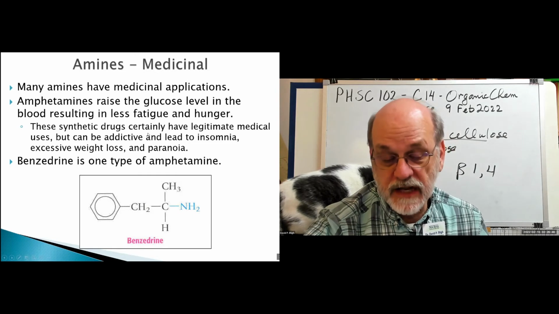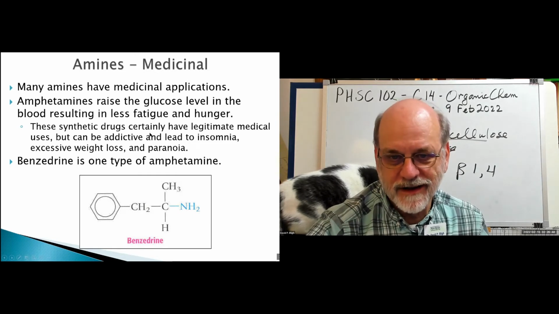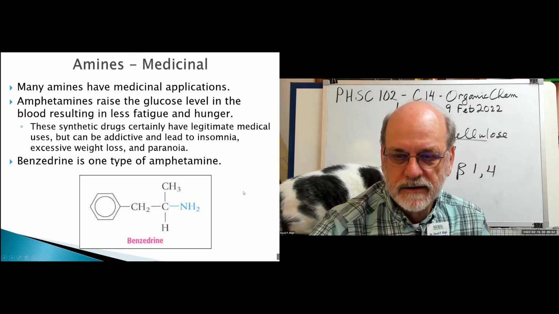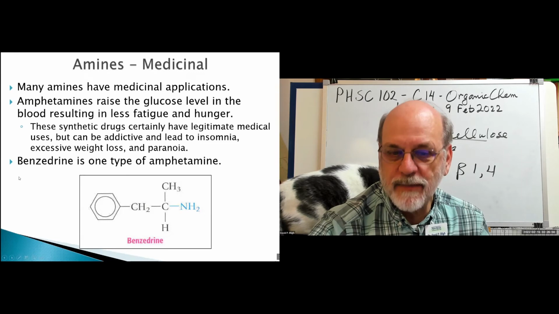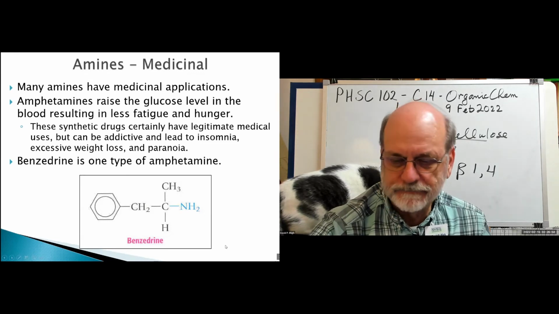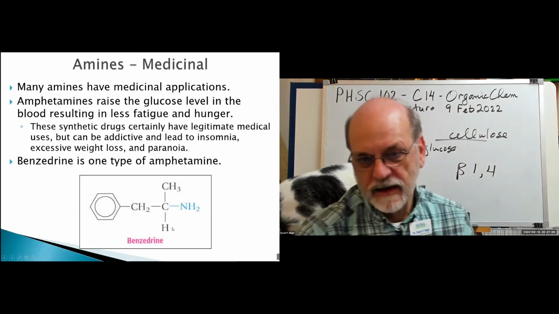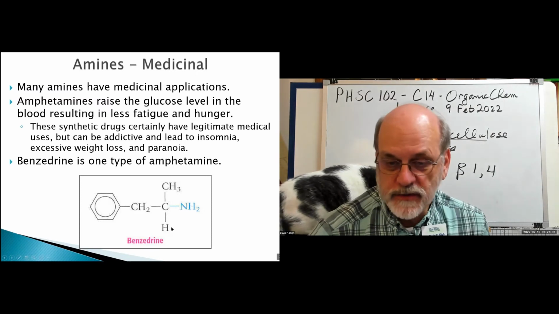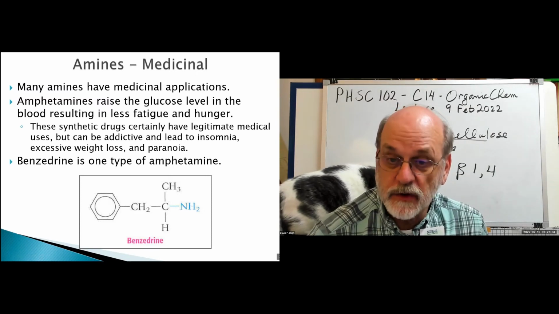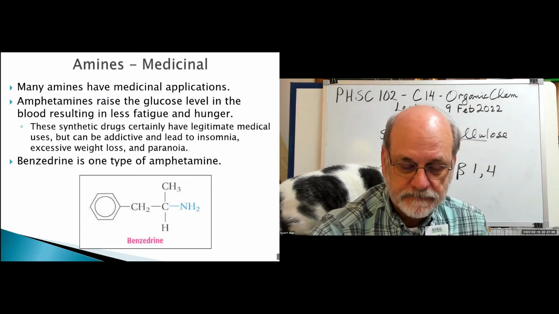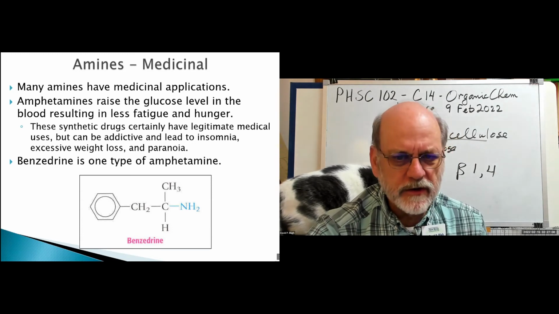But there are some dangerous side effects, of course. Insomnia, weight loss, paranoia. And this is one type of amphetamine, benzedrine. And then, of course, there are illicit forms; methamphetamine is one of the most common. But I don't have that structure for you here yet.